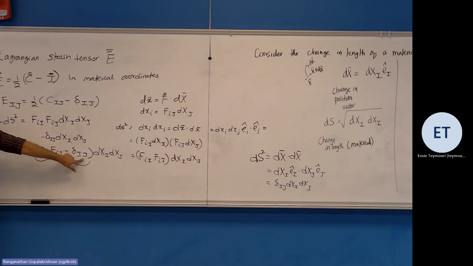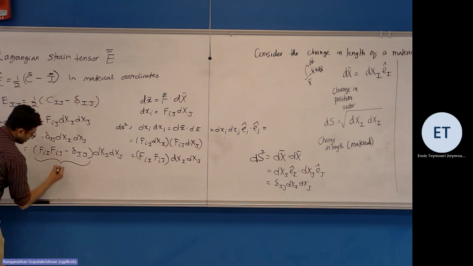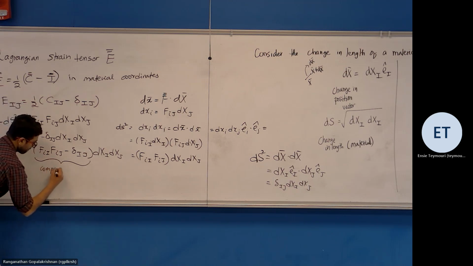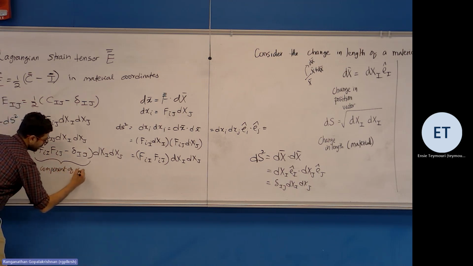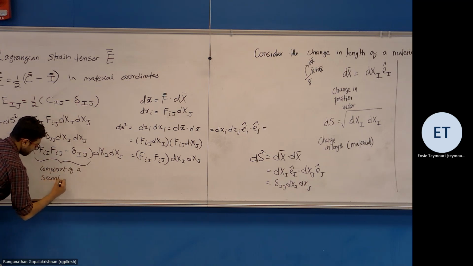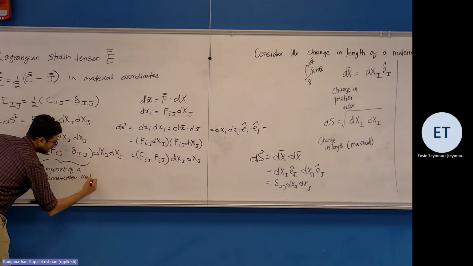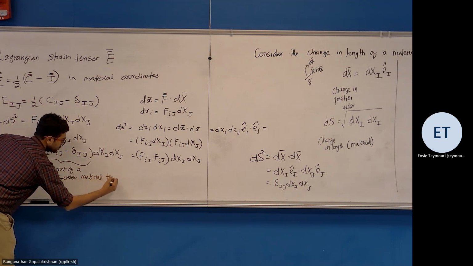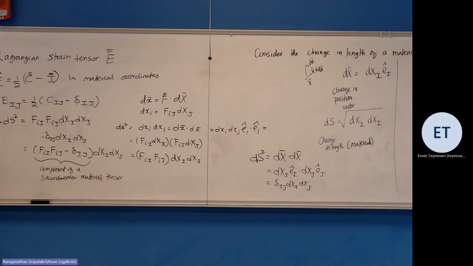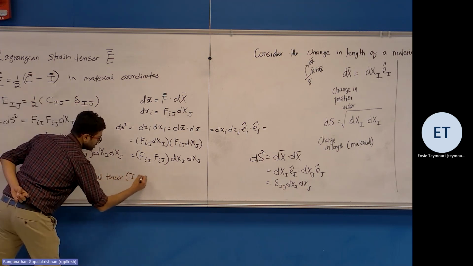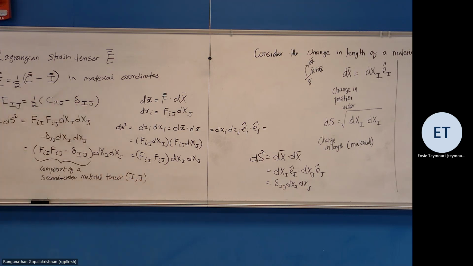This is I and J material. Here, lowercase k, spatial, is repeating, I and J are non-repeating. So this is the component of a second order material tensor, because it depends on I and J material. Okay.